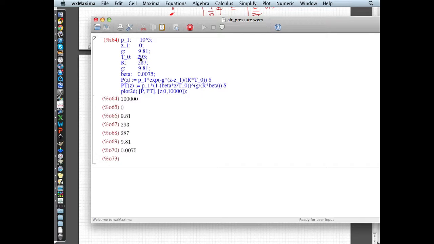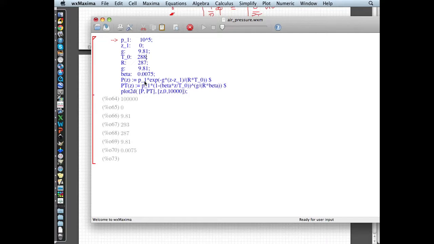Temperature at sea level is maybe 20 degrees centigrade. Actually, standard temperature and pressure is usually taken as 15 degrees centigrade, so I guess that should be 288. It's not going to change much. The gas constant for air is 287 joules per kilogram kelvin.